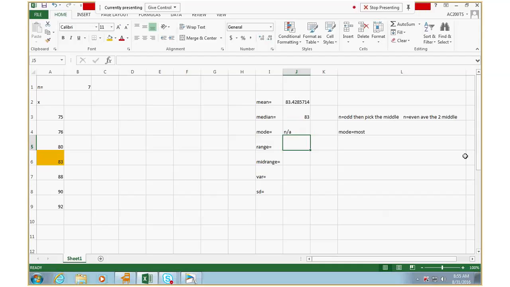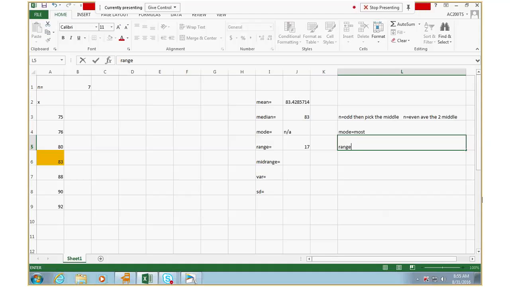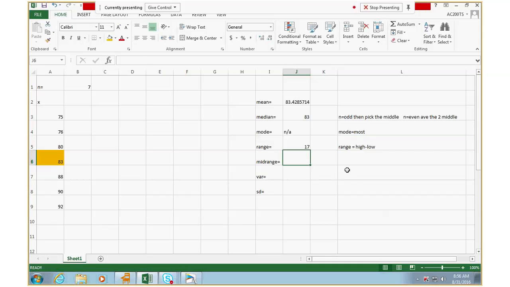Range. What is the range? Your highest minus what? Your lowest. So we'll go out here and say range is equal to highest minus lowest. Mid-range.